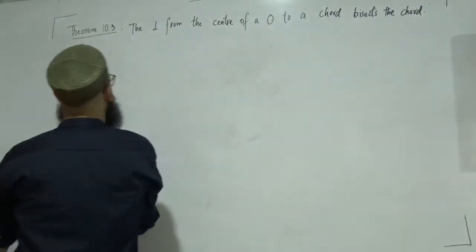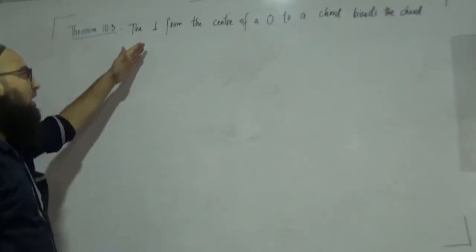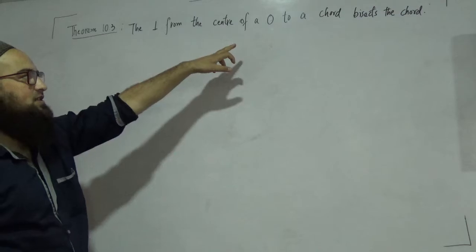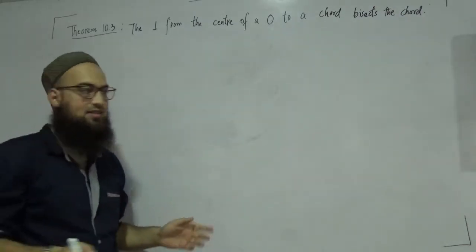This is our next theorem, which says if you draw a perpendicular from the center of a circle to the chord, it will bisect the chord.